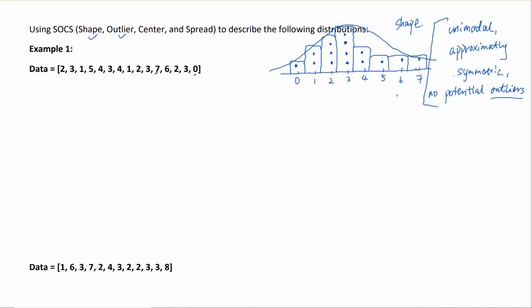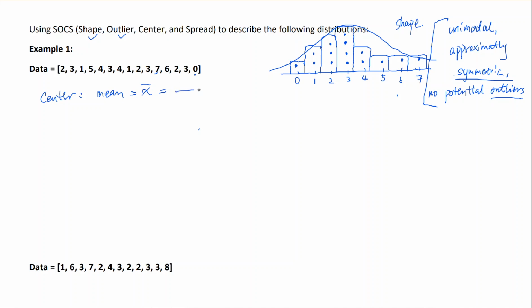If the distribution is symmetric, then what do we use for the center? We use the mean to describe the center. So now we need to calculate the mean. We use the x bar to represent the mean.